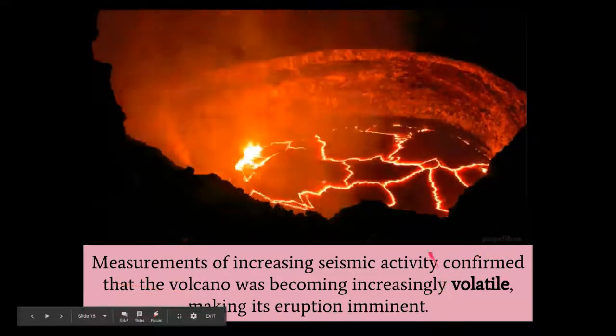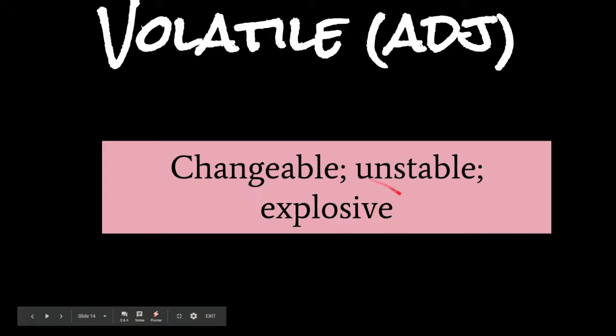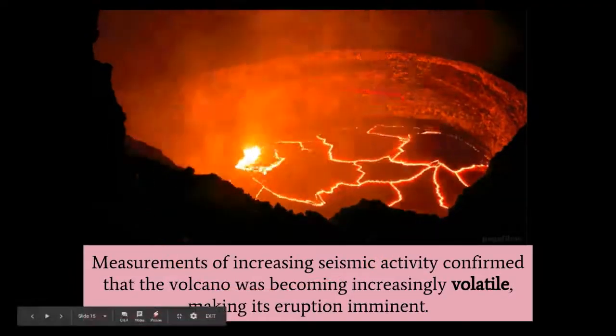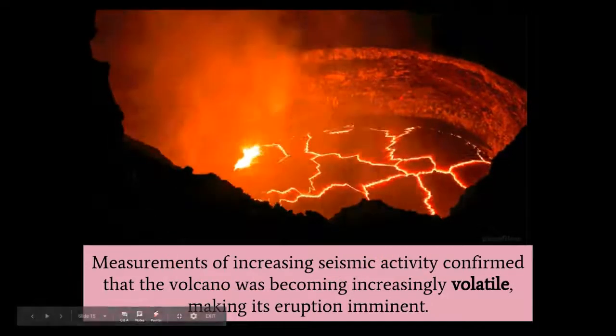So volatile definitely can mean explosive in the literal sense. However, it can also be used figuratively for somebody's personality. So if you have a volatile personality, it means that you might erupt in anger at any moment. So keep that in mind, that it can be literal, like with a volcano. It can also be more figurative, like with a person's emotional state.